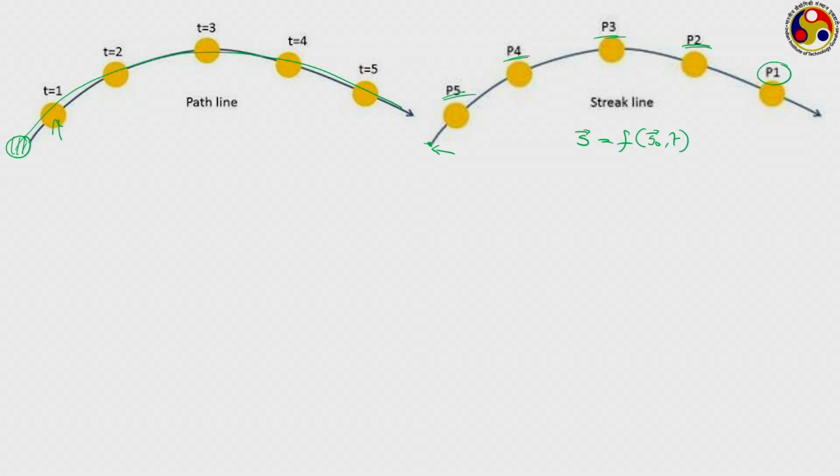So, when you are talking about a steady incompressible flow situation, the streamline, path line and streak line all coincide with each other. However, in an unsteady flow situation, they are separate from each other, so each of them may have a different existence. We shall be coming back to path lines and streak lines during flow visualization.